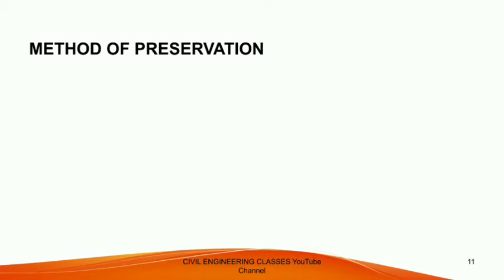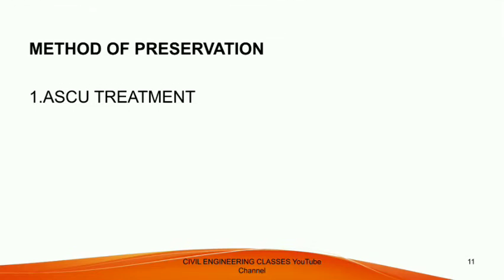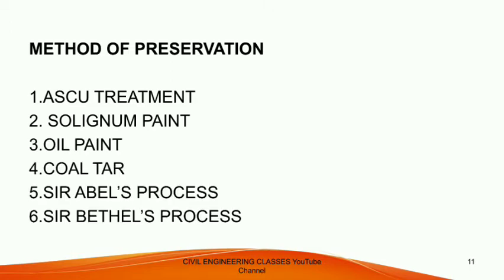Or sometimes the timber is soaked in a tank which is filled with these preservatives. Let's once more recall the various methods of preservation of timber. First was ASCU treatment, then Solignum paint, then oil paints, coal tar, Sir Abel's process, Sir Bethel's process, and the usage of various chemical salts.